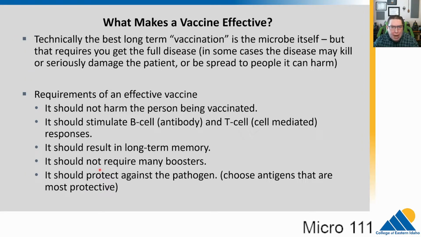So what makes a vaccine effective? Unfortunately, the best vaccination long-term is the microbe itself, right? That has all of the antigens, all of the possible things, and your immune system is going to respond to it the best.